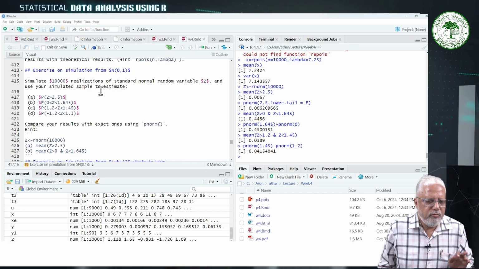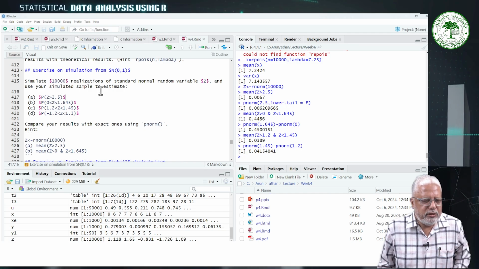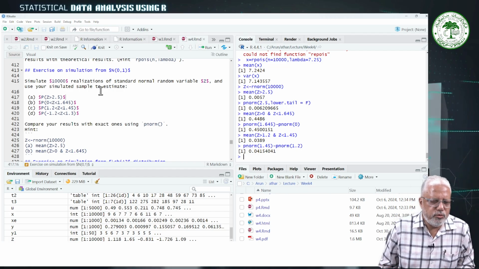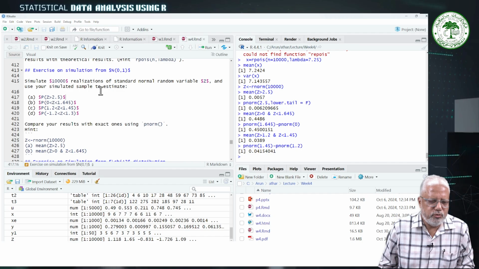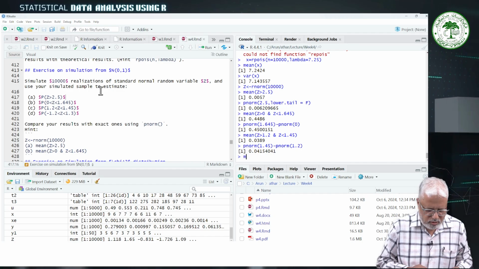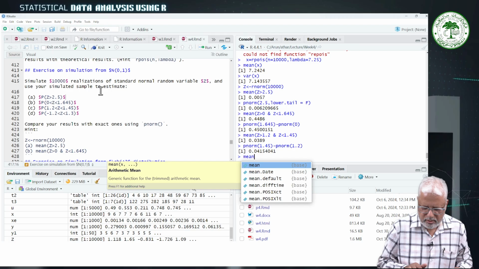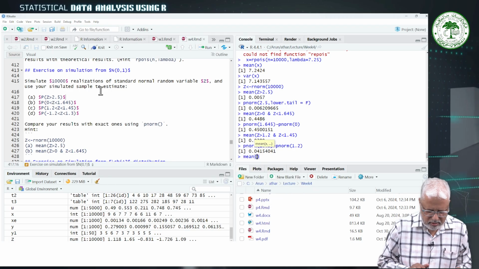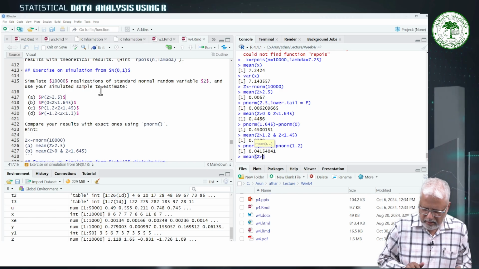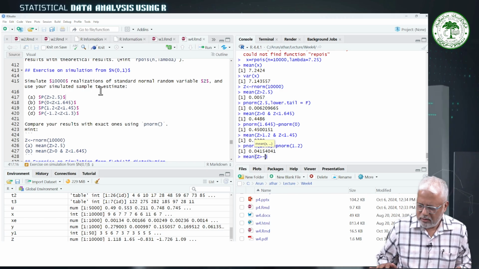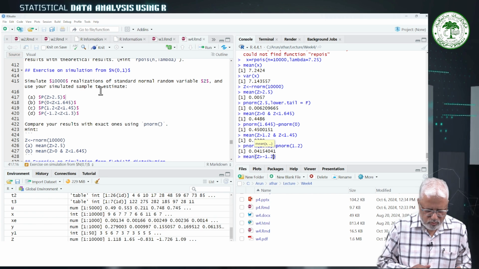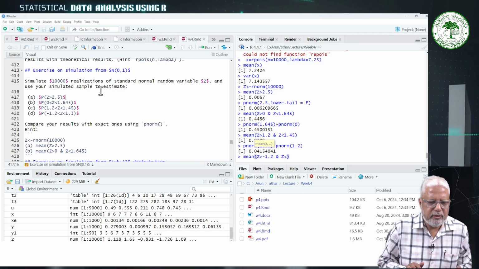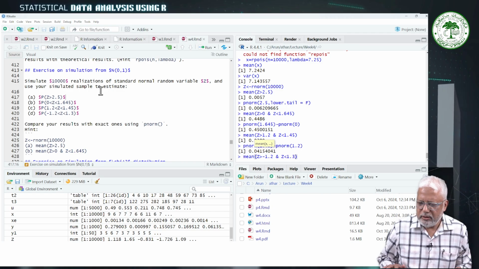Similarly, we can compute the area from minus 1.2 to 1.3. So here the mean is of z greater than minus 1.2 and z less than 1.3.